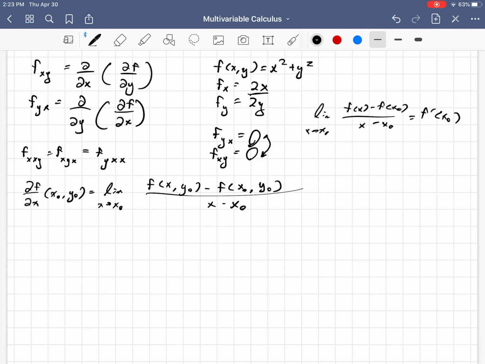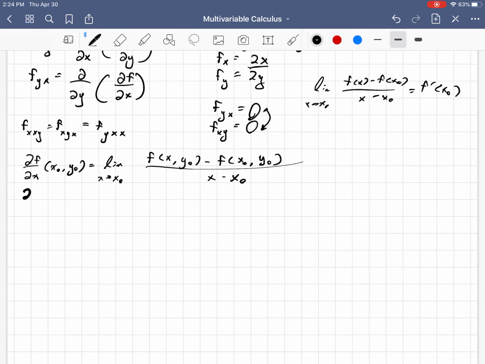So you can see the similarity here with a two-variable function. And still here, y is just held constant, because recall from the previous video that we're taking cross-sections along this multivariable function, and that's the whole idea of the partial derivative.